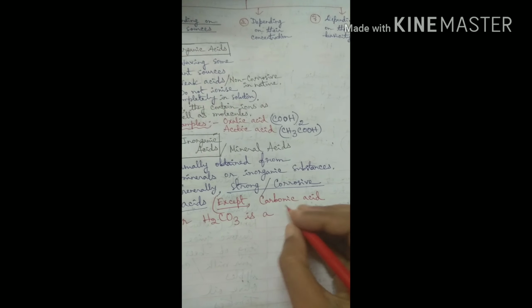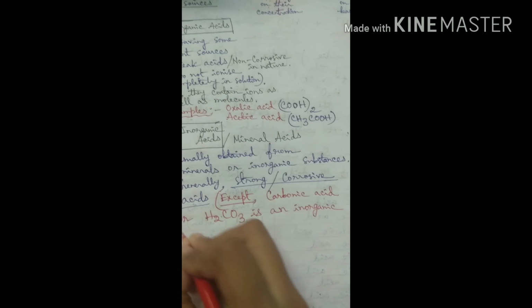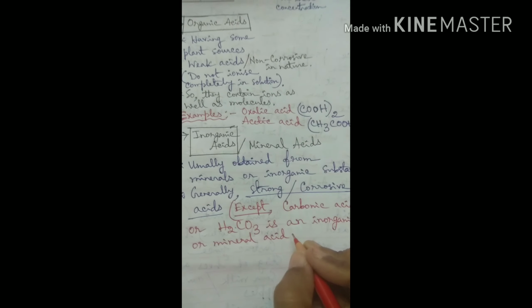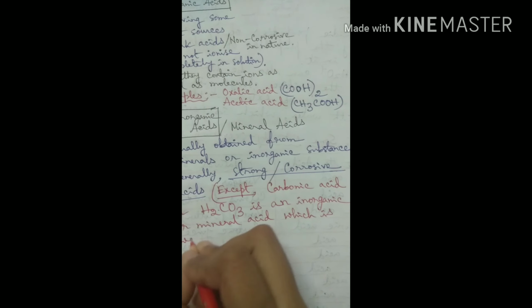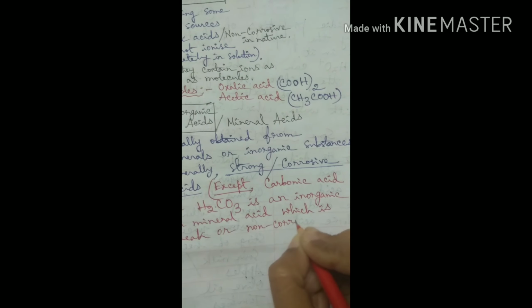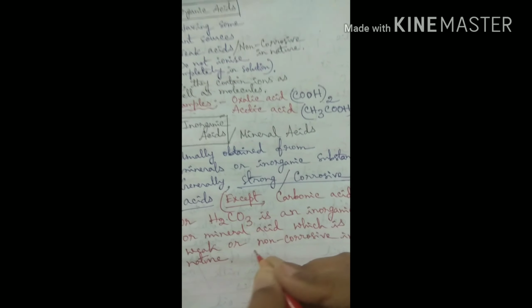H2CO3 is an inorganic or mineral acid which is weak or non-corrosive in nature.